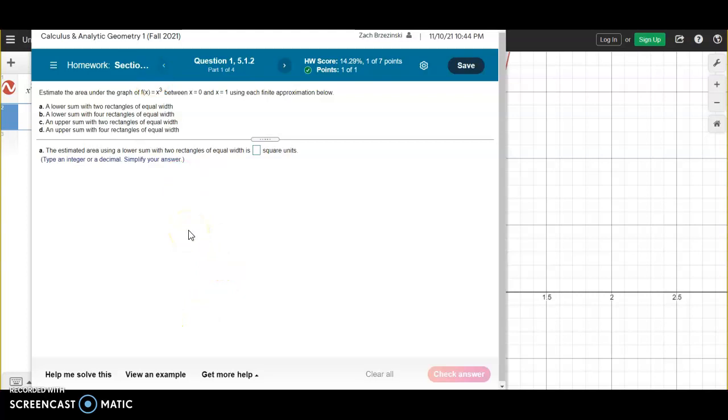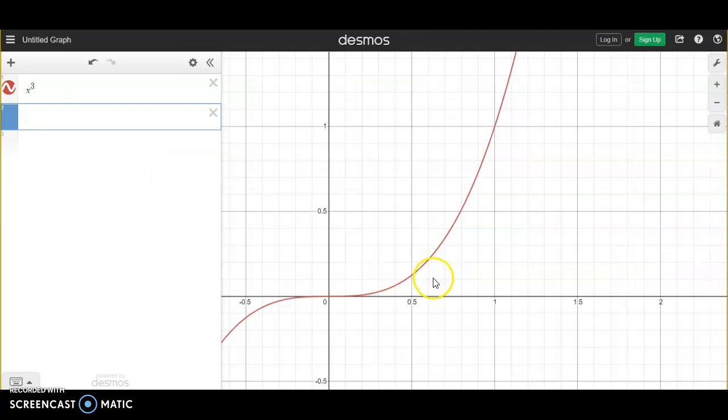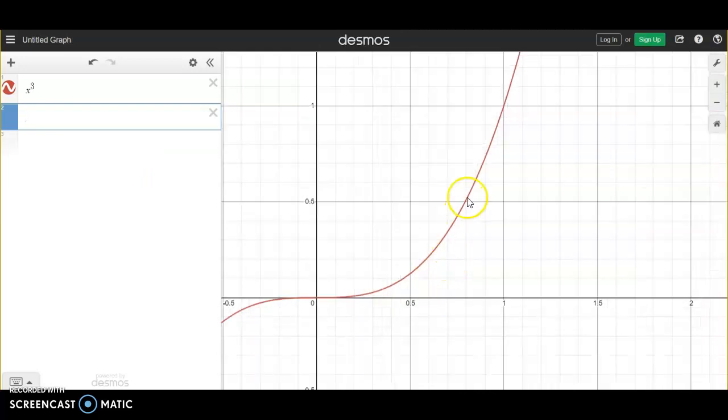Okay, so a lower sum of two rectangles of equal width is the first thing we're going to do. So first thing we need to realize is we need to find delta x. And so we are finding two rectangles.